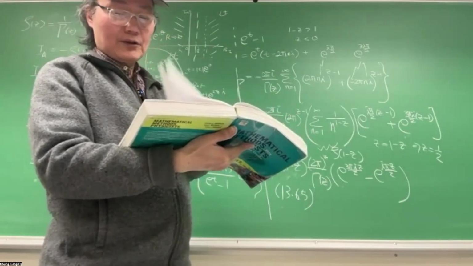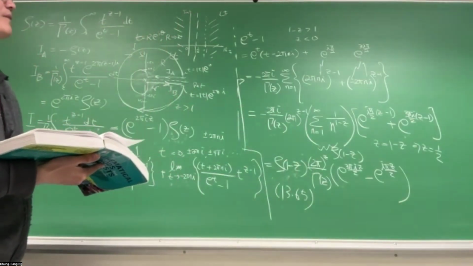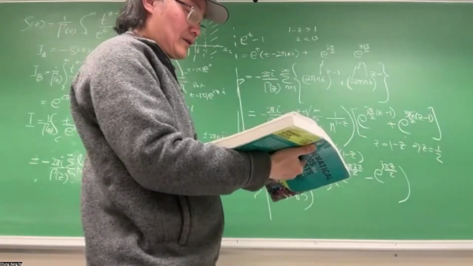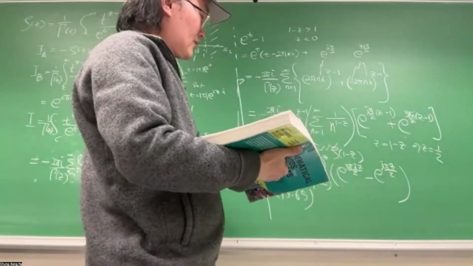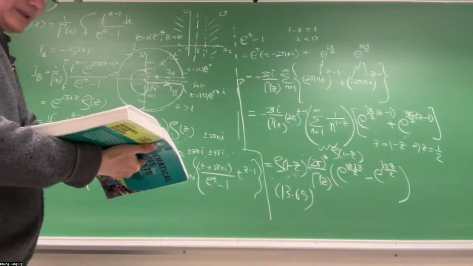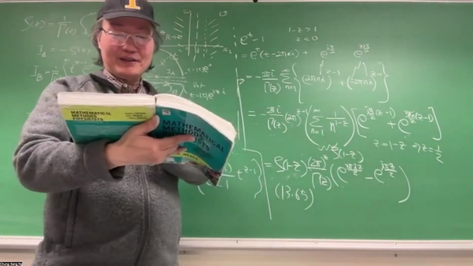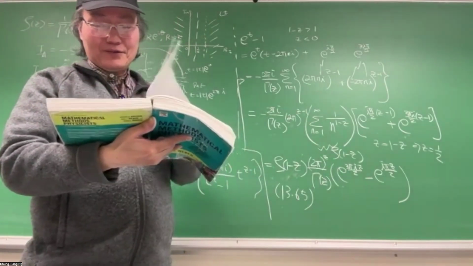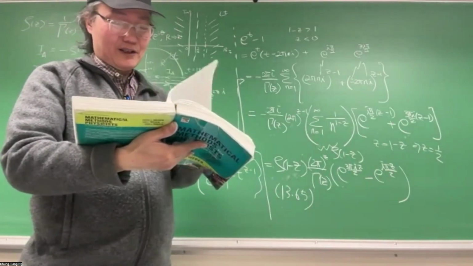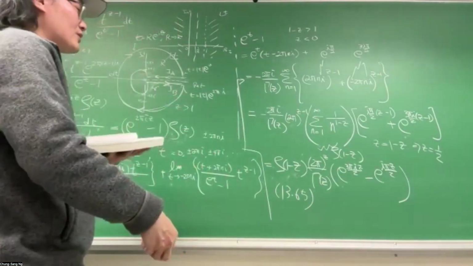And now the rest is just using those: the gamma function reflection formula for this gamma function and the duplication formula to write it in a little nicer form. But I've already spent enough time, so we'll just quote your textbook form. It's just a little bit of algebra. The rest is not tricky.